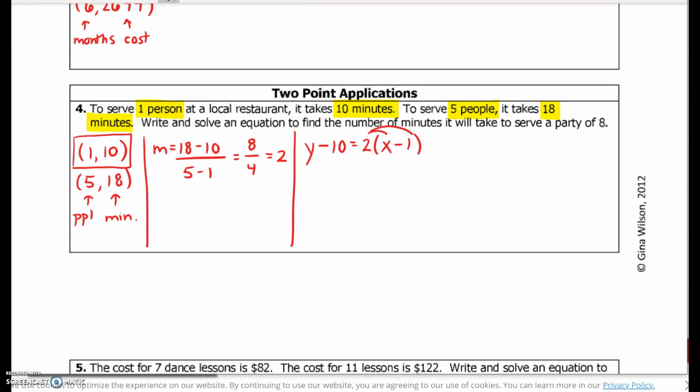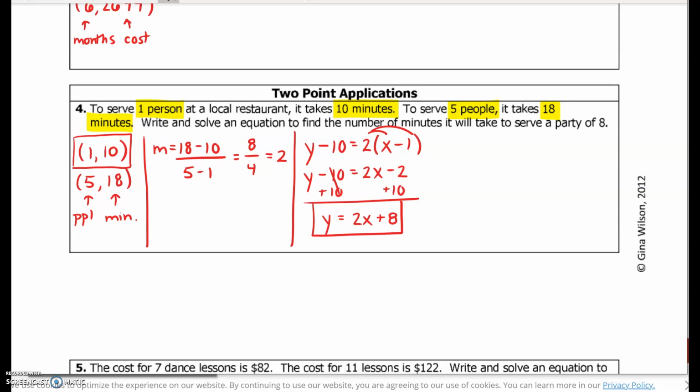We want to put our answer in slope-intercept form, so we will distribute and solve for y. 2 times x is 2x. 2 times negative 1 is negative 2. We will add 10 to each side, and negative 2 plus 10 is positive 8. This is our equation, y equals 2x plus 8.